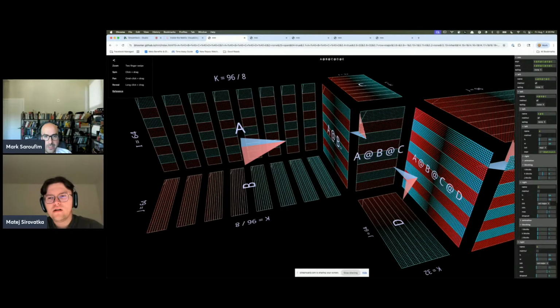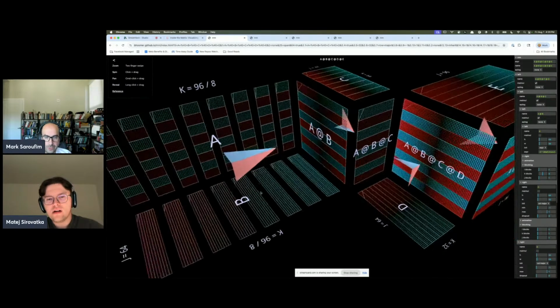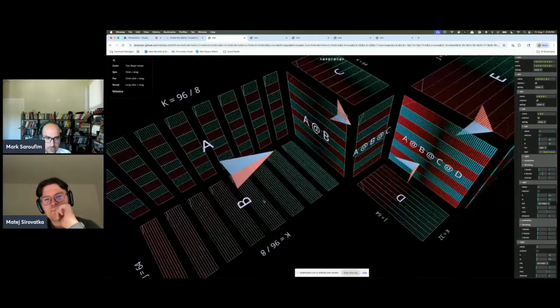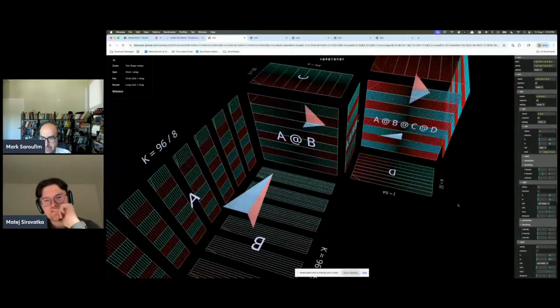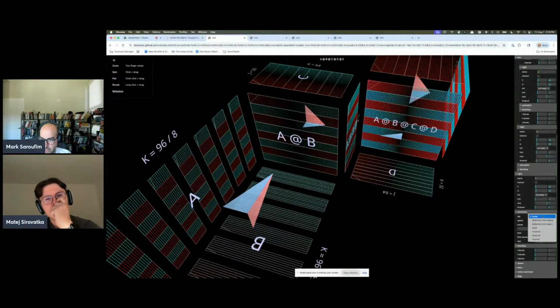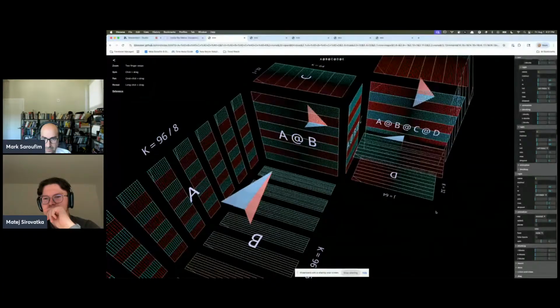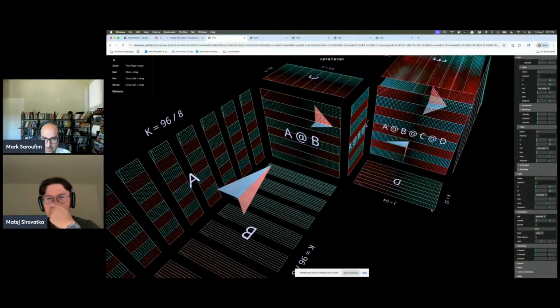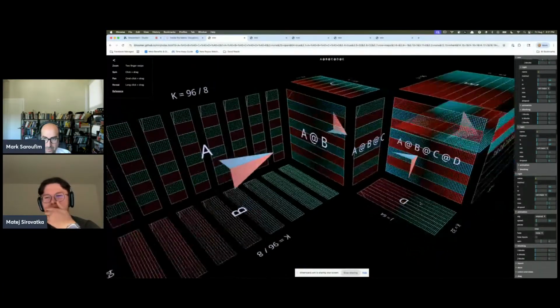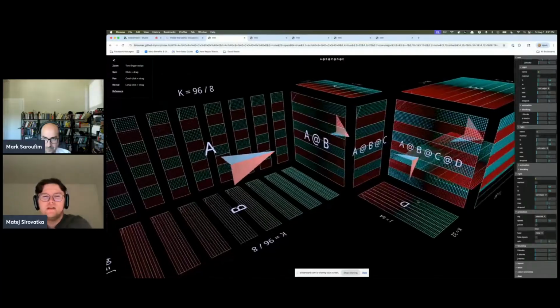So what is going on here? Let's say we took B and we split it into 8 chunks. Now when we're doing a matmul, let me go back to the animation and do, let's say, the vector matrix product. Wait, why is it slow? That's probably why.